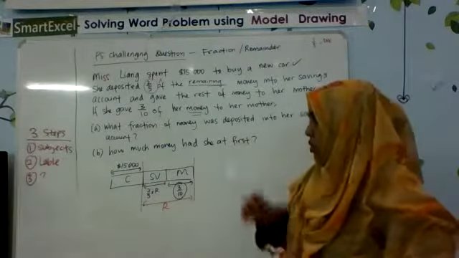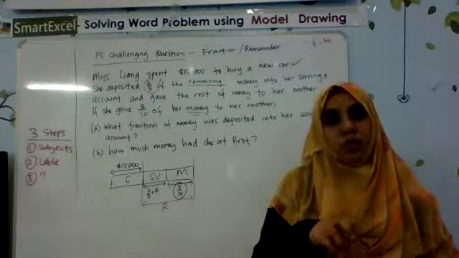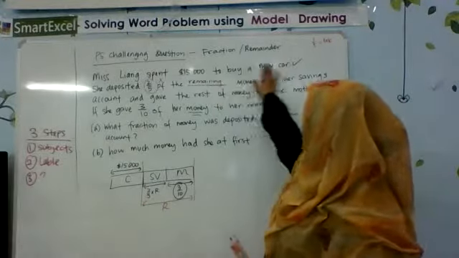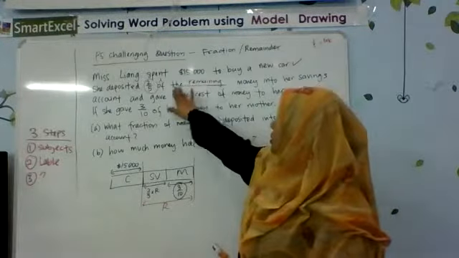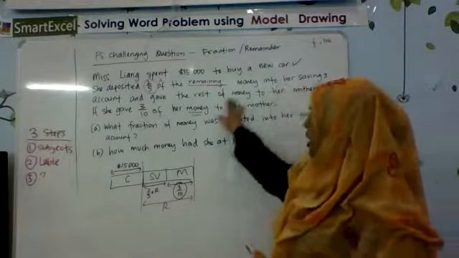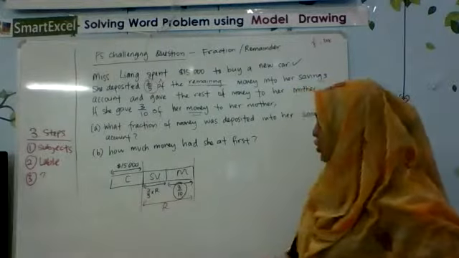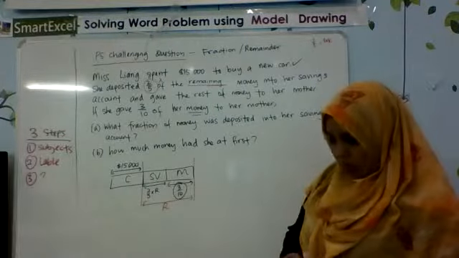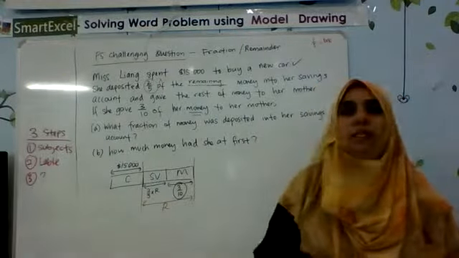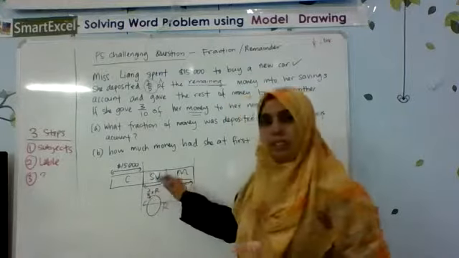The child needs to be able to identify which is the actual fraction and which is not. So we have the 15,000 for the new car, the remainder, of which 2/5 goes to savings, and the rest to the mother, which is 3/10. They now ask what fraction of the money was deposited into the savings account, which means they are asking for the actual fraction.